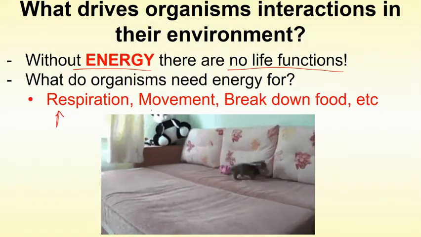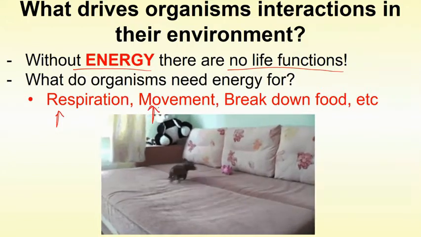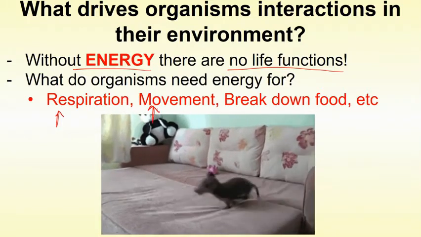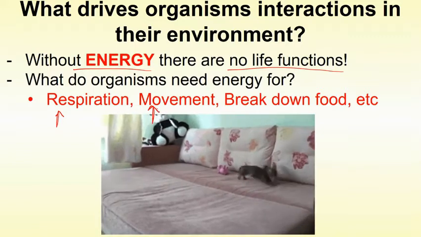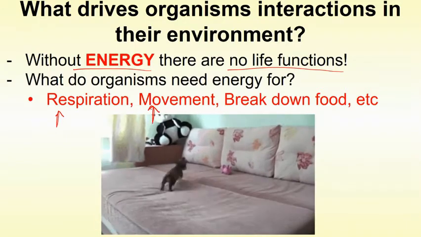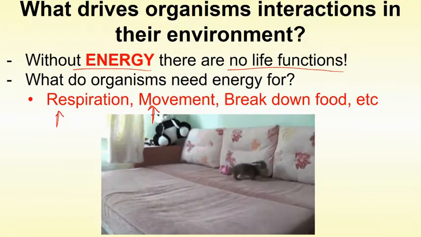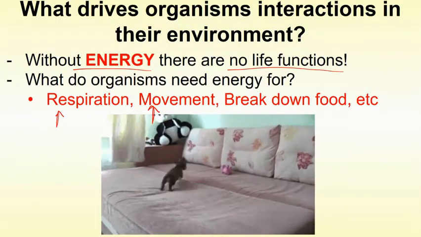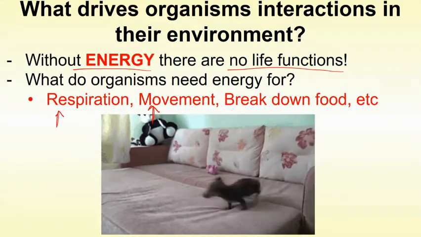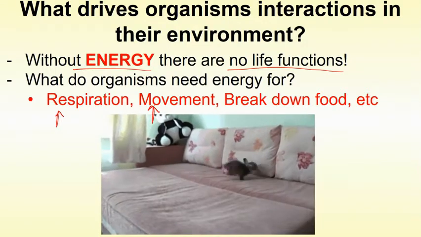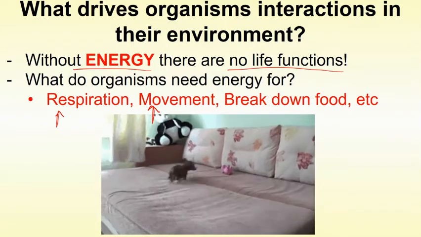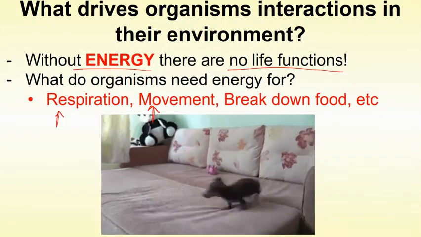Okay, movement in general, movement just to be able to hunt and get food. For living organisms, movement to be able to break that food down. Even chewing your food every time you eat requires energy. Movement, walking around, even things like your heart beating, that's a muscle moving, and that requires energy.